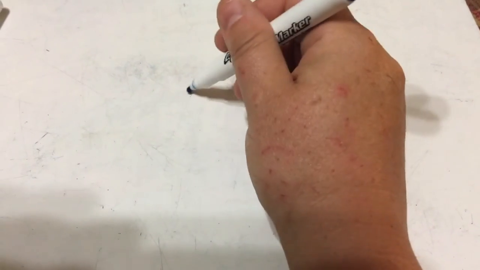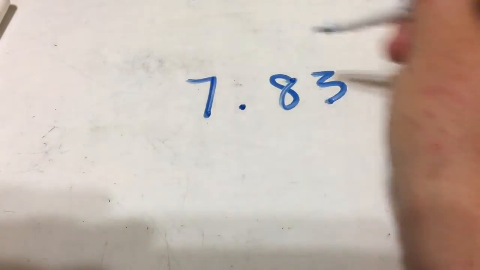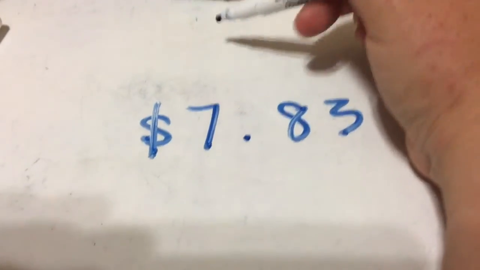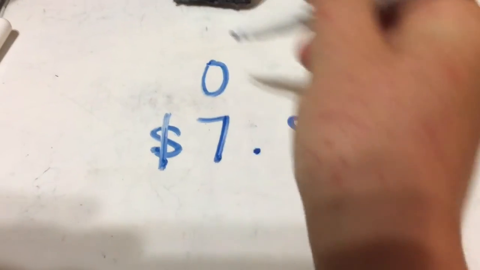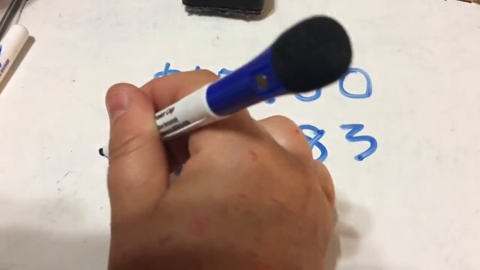So we're going to start with, let's say I went through the drive-thru at McDonald's and I spent $7.83. And I gave the cashier, the person at the window, $10. I gave them a $10 bill. Okay? So I need to figure out how much change I should get back.